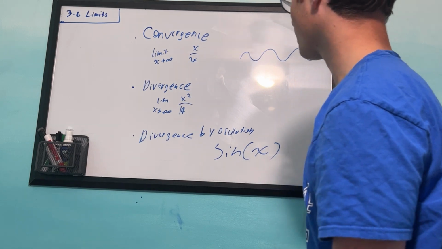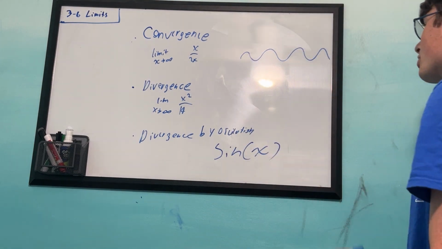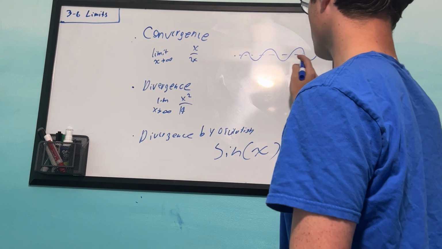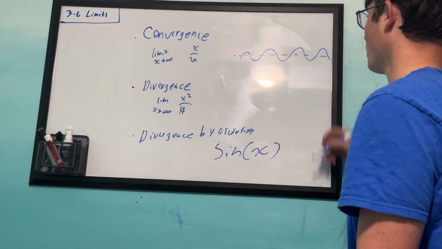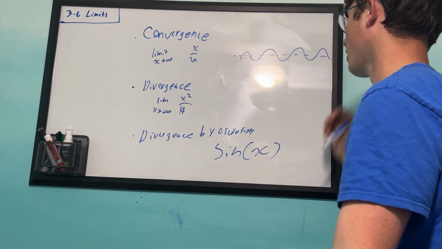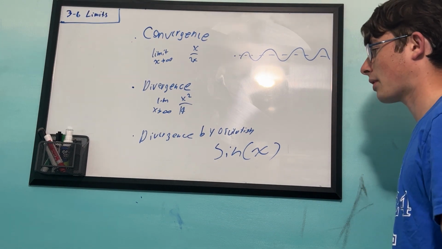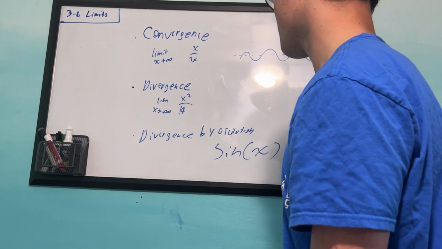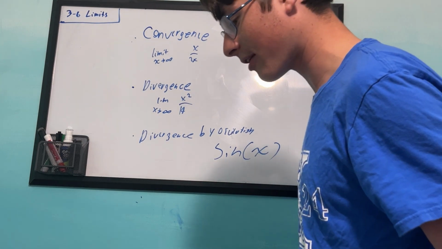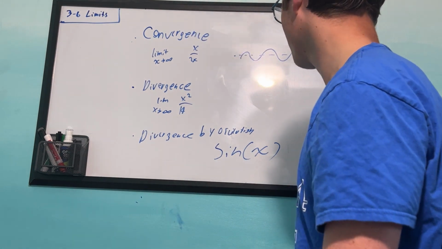It's not getting any bigger, it's not getting smaller on average. It's just staying right around this value. So if you take the limit as it goes to infinity, where along its curve is it? We can't be completely sure where it's going to end up, so we say it's divergent by oscillation, which means we cannot calculate exactly what its limit is.